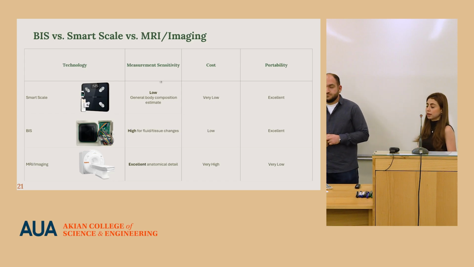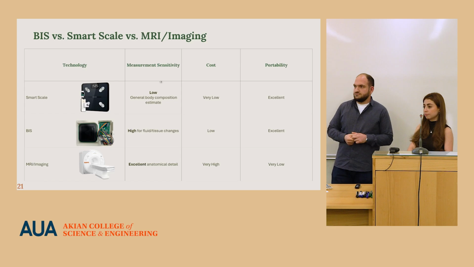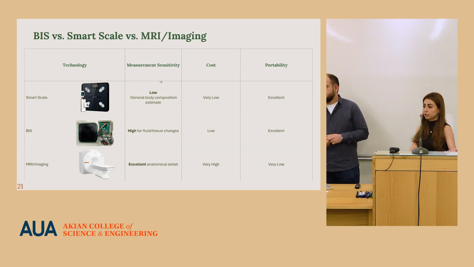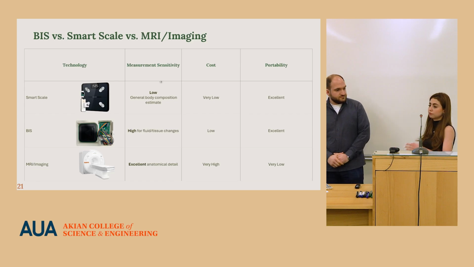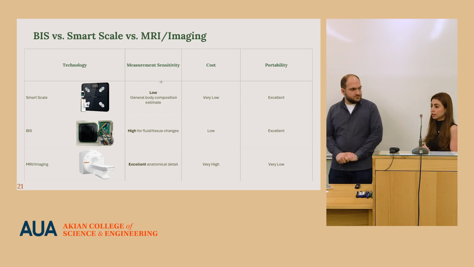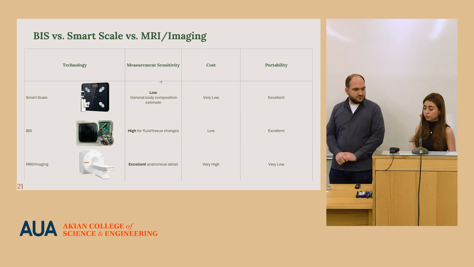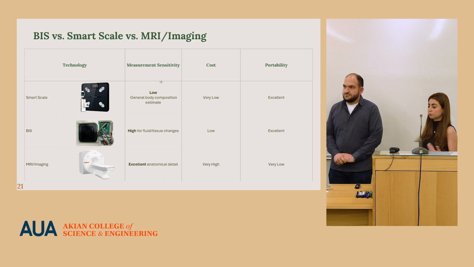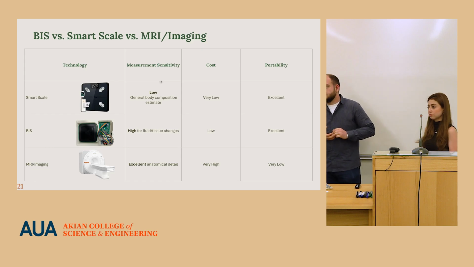For example, for this gender and age, the normal for men is, for example, 45 kilograms, and for that weight you should have this kind of fat-free mass. But our device analyzes a large range of frequencies, and it is more precise and more personal for that person.